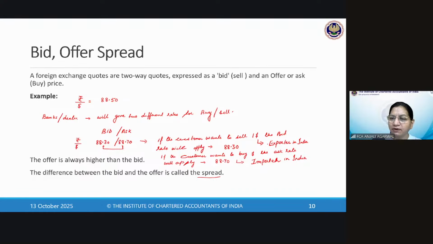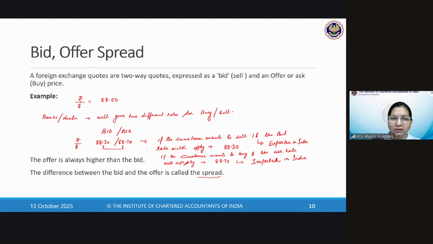Maybe because you have exported something to the US counterpart who has made the payment in dollars. Why would you want dollars in India? Maybe because you have imported something from the US and the currency in which the invoice is raised is dollars. So to honor your commitment, you'll go to an authorized dealer and ask him to give you dollars.